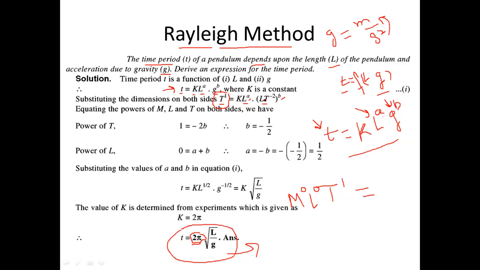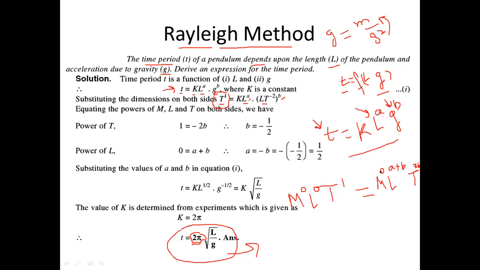So L to the power a into L to the power b, which is L to the power a plus b. And T to the power minus 2b. And there is no mass term on this side also.